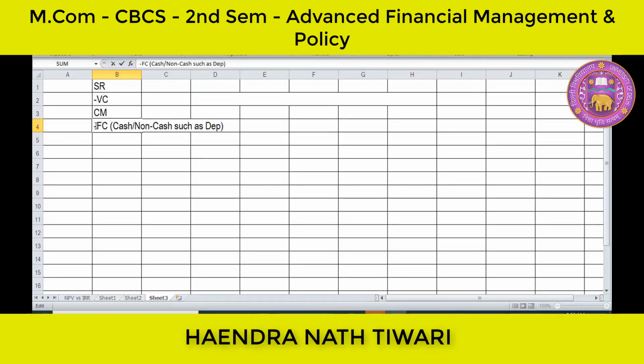Depreciation is always a non-cash expense, but that's a fixed cost. Now what you got? You got profit before tax. So you deduct depreciation in order to determine what is your tax liability. Now you deduct tax from here. Get profit after tax.